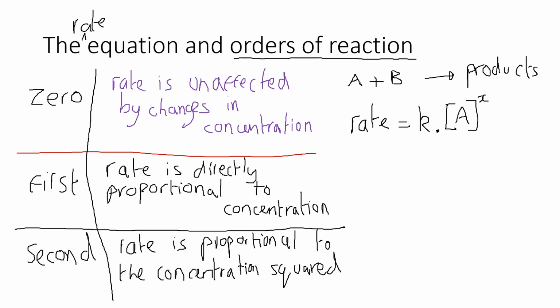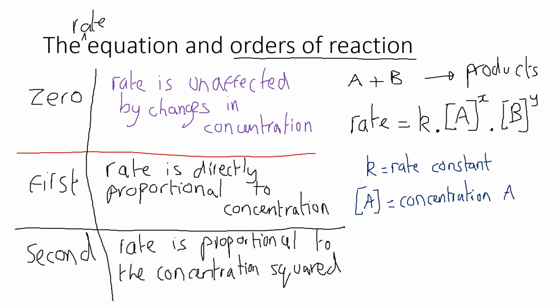And the power of x simply means the order with respect to A. So it could be 0, could be 1, or could be 2. And then we times that by B to the power of y, where x and y are just the orders, so whether it's 0, 1, or 2. So let's define what we mean by that in a bit of writing. k is your rate constant.